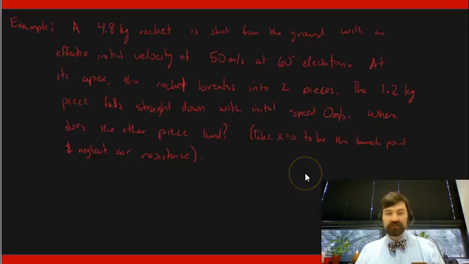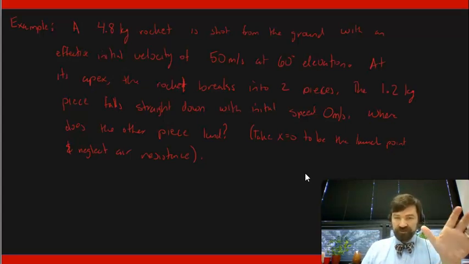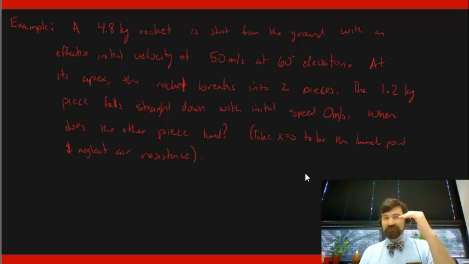All right, for our little example problem, we've got a 4.8 kilogram rocket which is being shot from the ground with an effective initial velocity. Essentially, that effective initial velocity is akin to saying, I know that when you actually shoot a rocket off, there is thrust from the fuel. That thrust is non-constant, and therefore it actually kind of speeds up for part of its motion and then enters free fall.